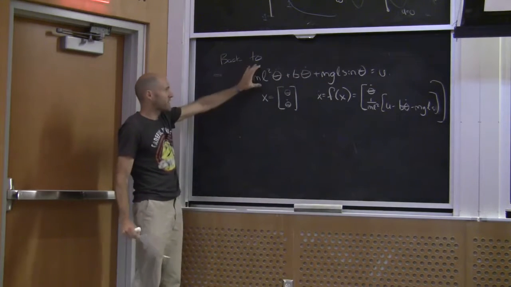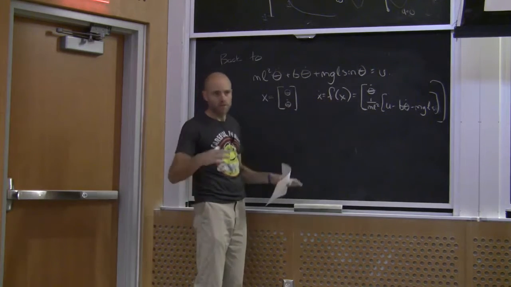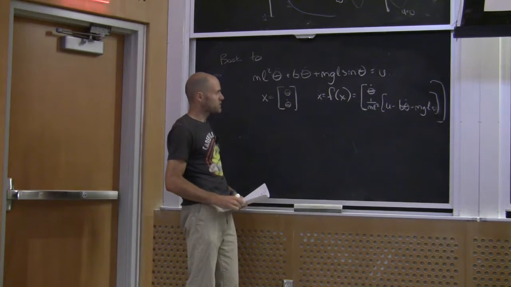So one way to think about the second order system is really as a first order system in two variables. You've seen that before.